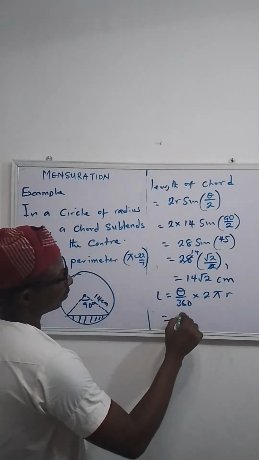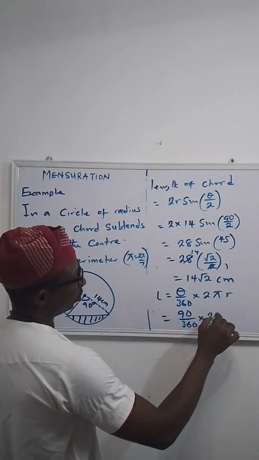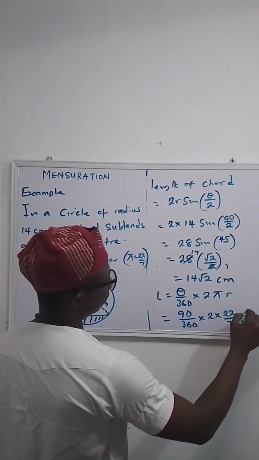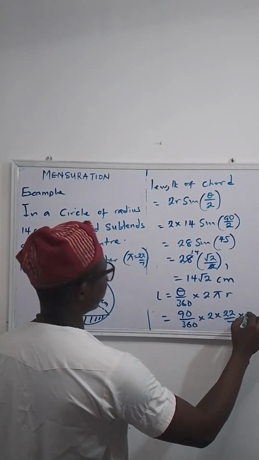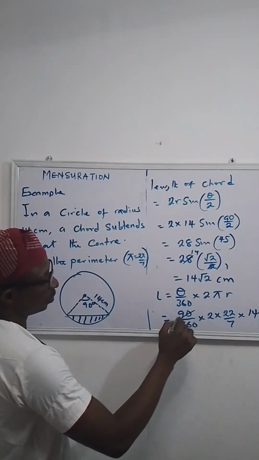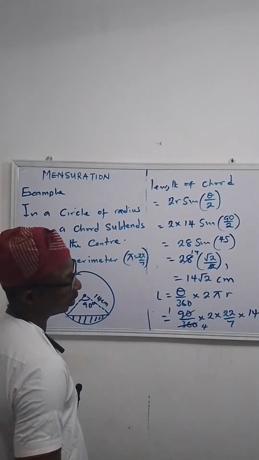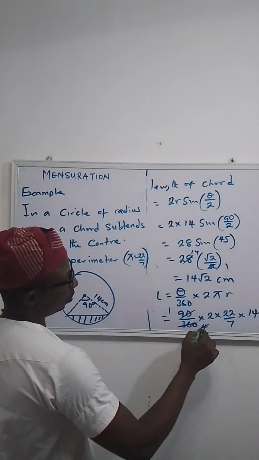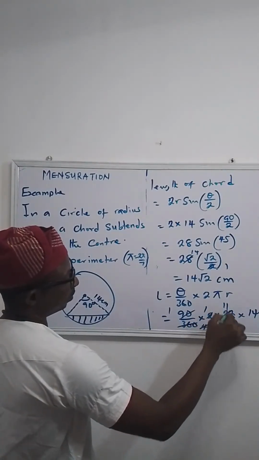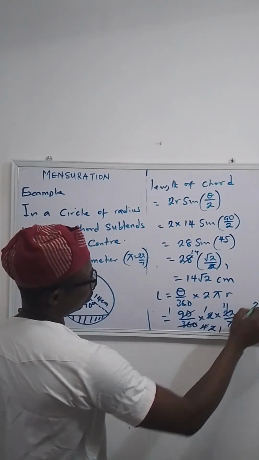So we have 90 over 360 times 2 times 22 over 7 times radius 14. 90 goes there 1, 90 goes there 4. 2 goes there 2, 2 goes there 1, 2 goes there 11, 7 goes there 1, 7 goes there 2.